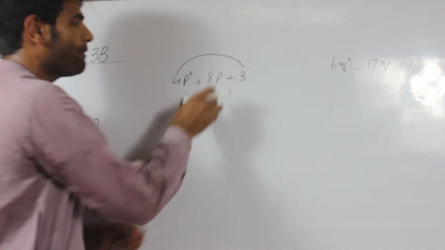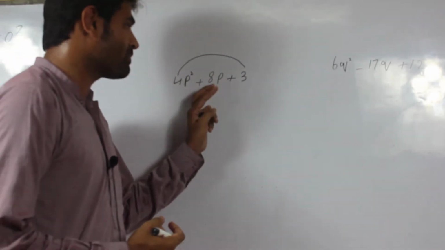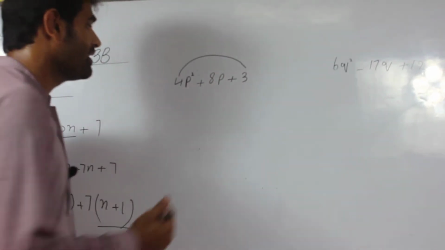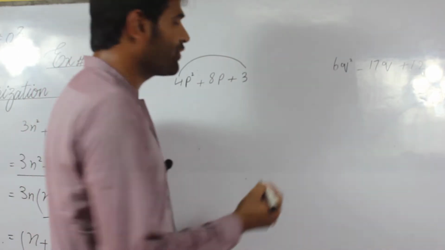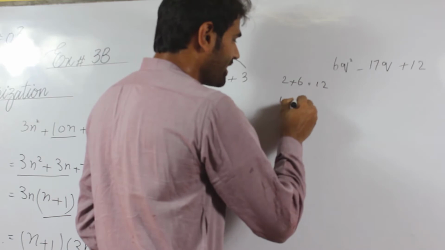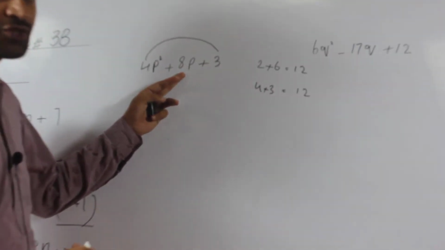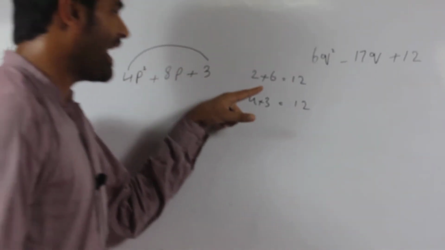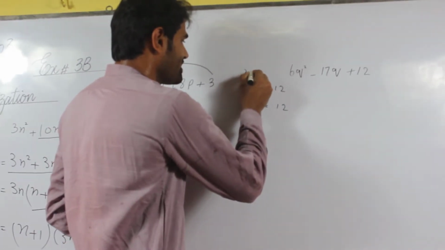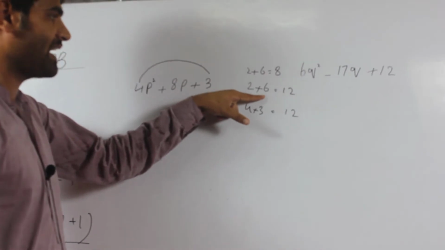We split the middle number into two numbers whose product is 12 and whose sum is 8p. The factors of 12 are 2 and 6, which is 12, and 4 and 3, which is also 12, but I need the factors whose sum is 8. 2 plus 6 gives 8, so I need these two numbers 6 and 2.